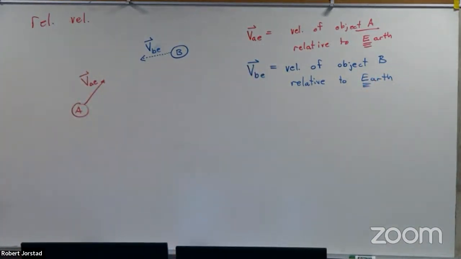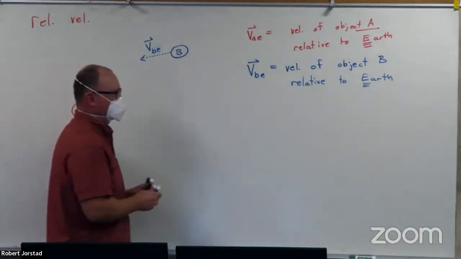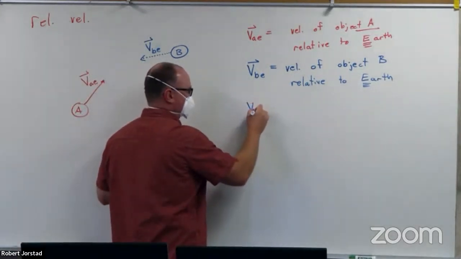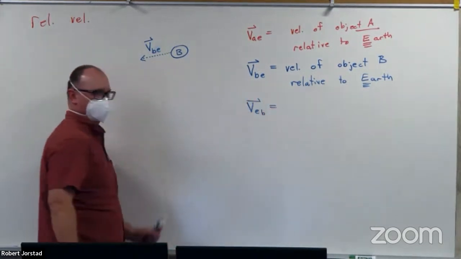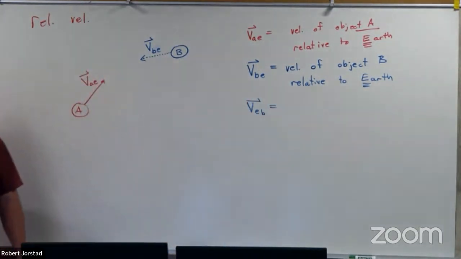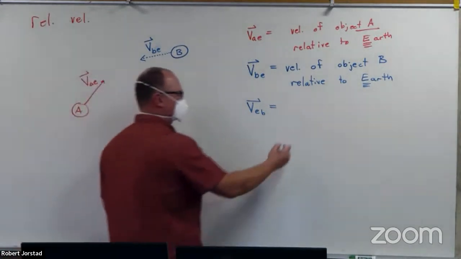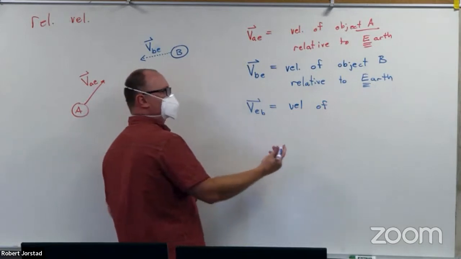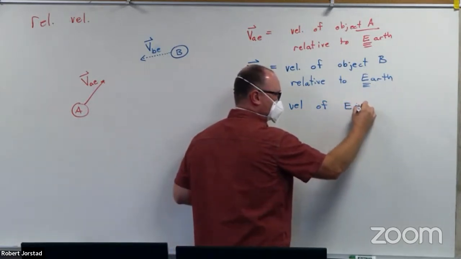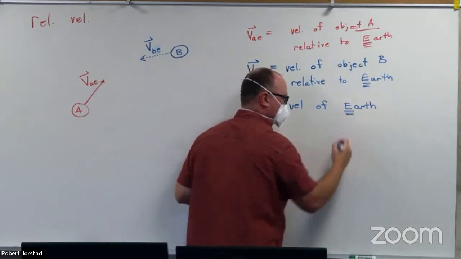Okay. Take a guess what this means. If I switch the subscripts, what does that mean? Velocity of what? Earth. And so the order of the subscripts is crucial in these problems.